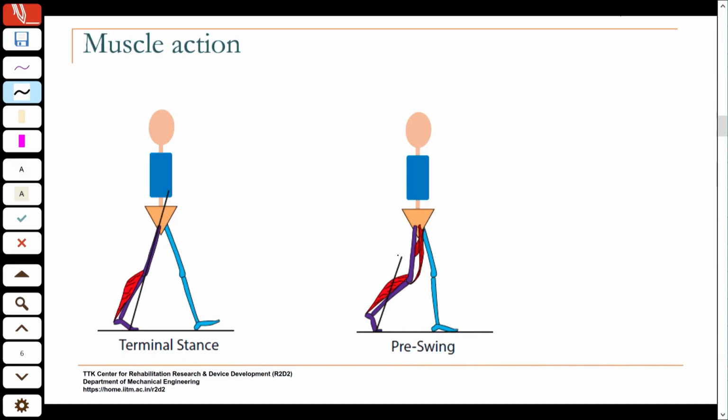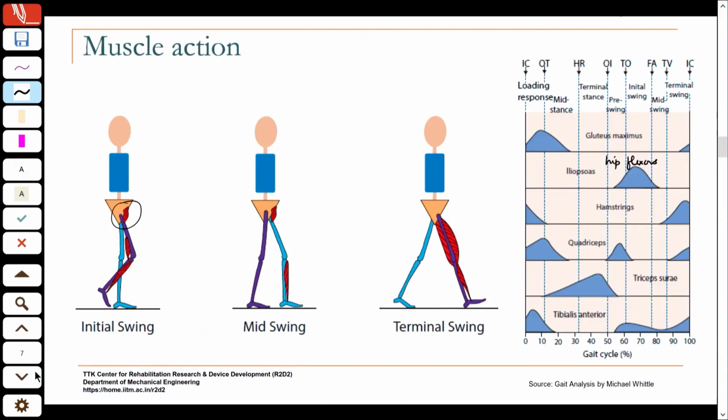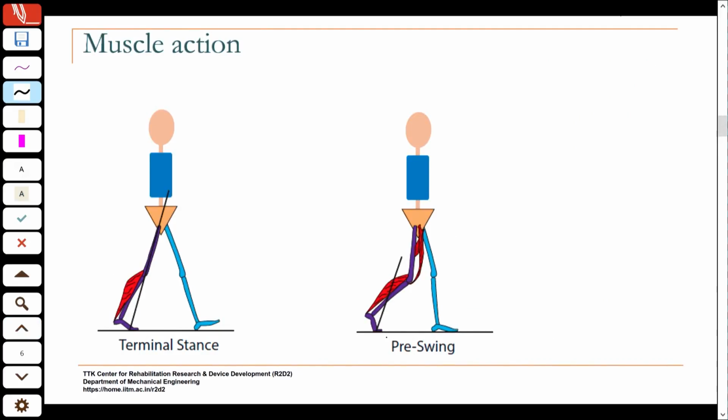So, it is more of an eccentric action, and then you have towards the end knee flexion, or knee extension? To prevent knee flexion. So, you see the ground reaction force in the pre-swing acts to flex the knee, okay, and the quadriceps are just resisting uncontrolled knee flexion, okay, eccentric activity in the quadriceps.